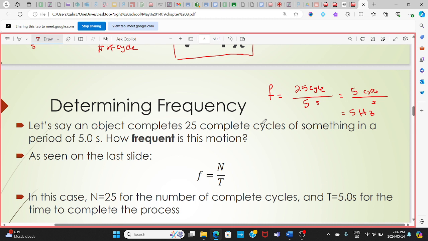Any volunteers to turn on the mic? Okay, to double the frequency, you have to double the numerator. So it's going to be 50 cycles per 5 seconds. Or you need to halve the time, like 25 cycles per 2.5 seconds, right? To make this one double.